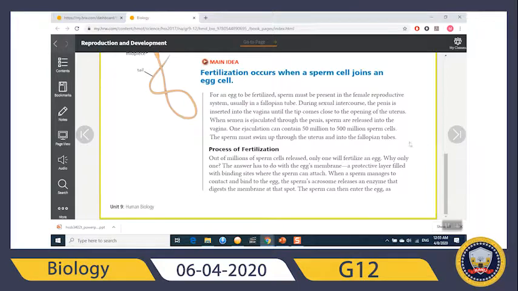Now, the fertilization process is basically the joining of one egg or ovum and one sperm. Now, fun fact, each ejaculation from the males contains about 50 million to 500 million sperm cells. And the fun fact is only one sperm will fertilize the egg.